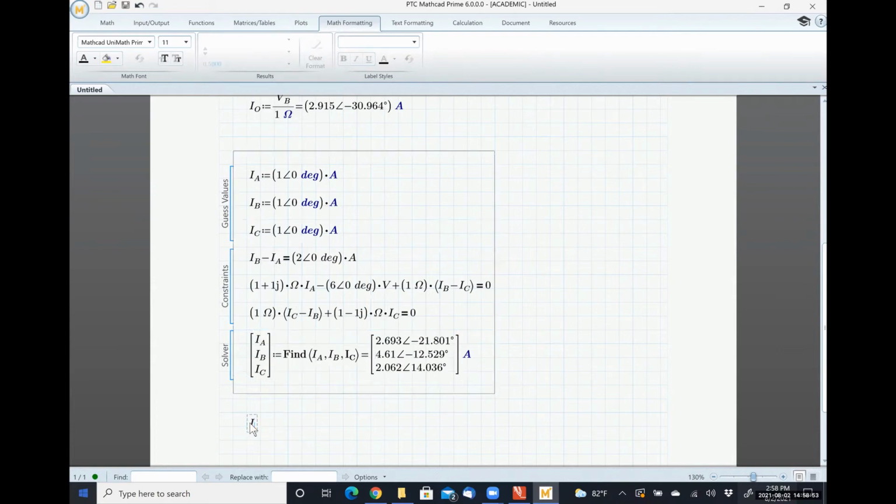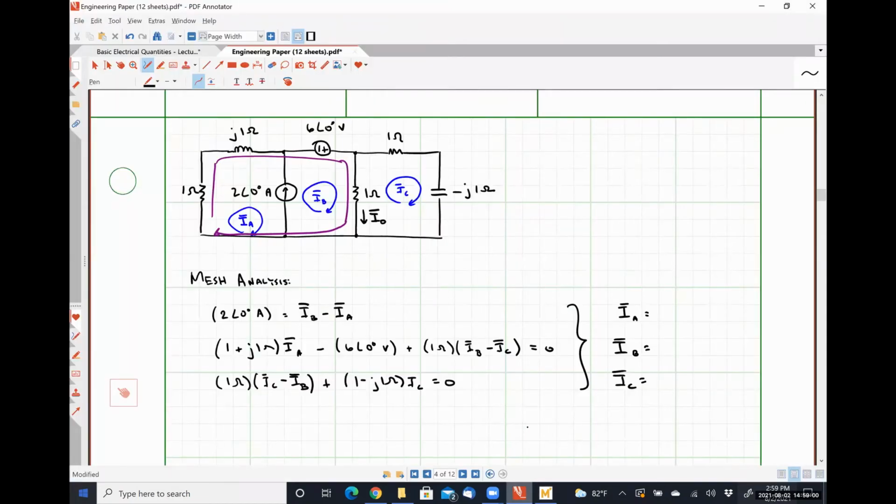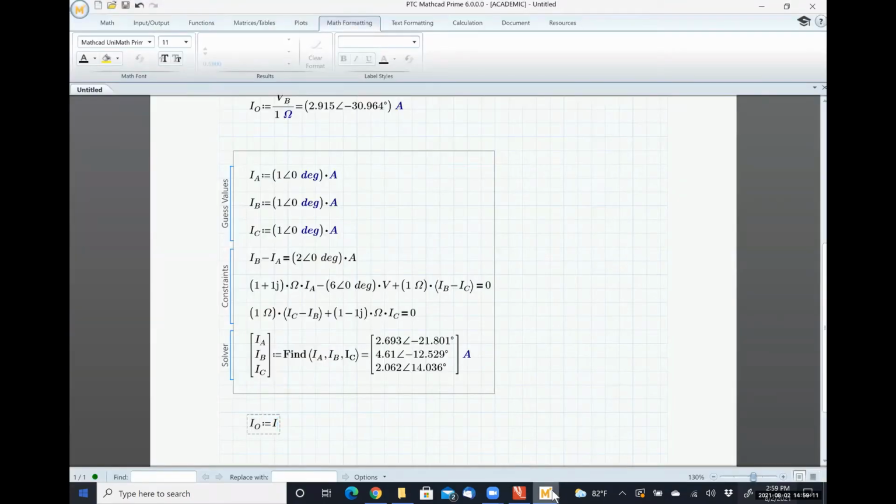And our current of interest, I sub O, how would I write that in terms of my mesh currents? Should be IB minus IC. Absolutely correct, IB minus IC. That is 0.915 with an angle of negative 30.964 degrees amperes.